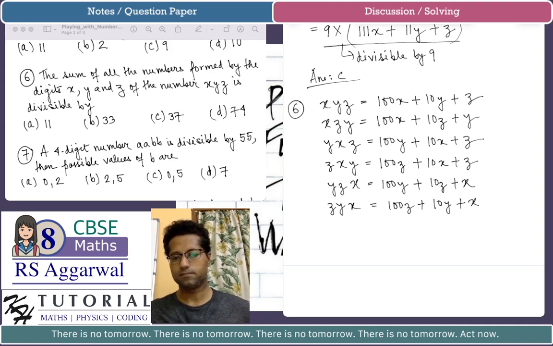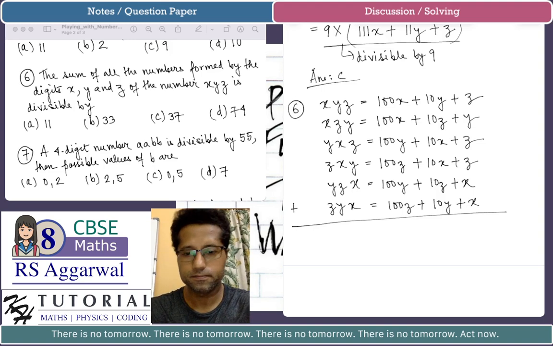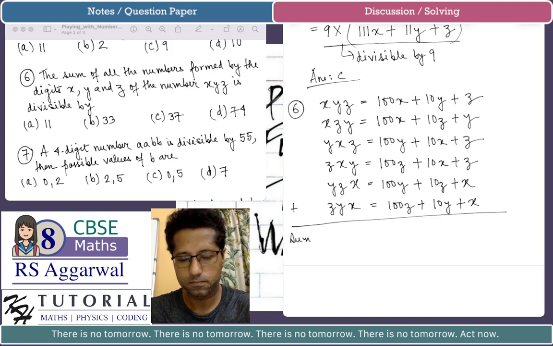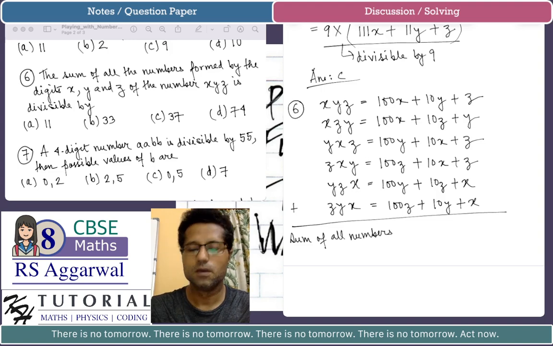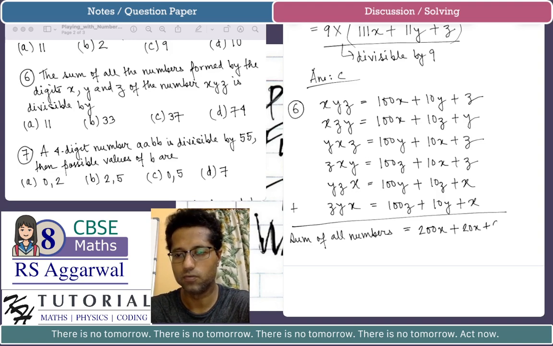Now if I add all of them, the sum of all numbers is equal to, let's see, we have 100x two times, so that becomes 200x, and we have 10x two times, that makes 20x, and we have x two times, so 2x.